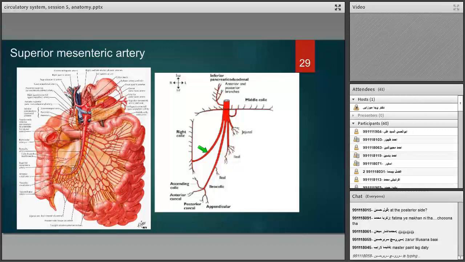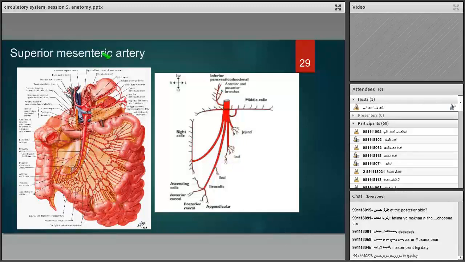The next branch is the right colic. The right colic of the superior mesenteric artery is supplying the blood for the ascending colon. Here, sending branches for the ascending colon.